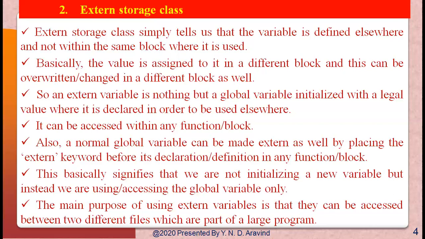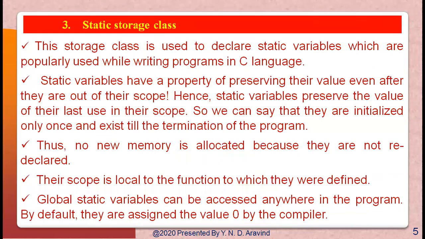Now coming to the static storage classes, a variable can be declared as a static variable by using the keyword static, and as the name suggests, the values of a static variable persist until the end of the program.